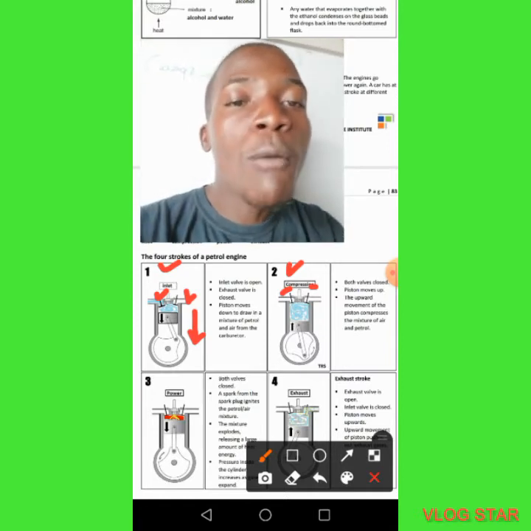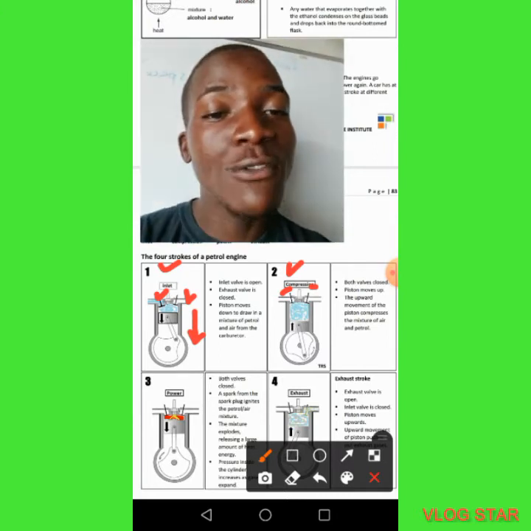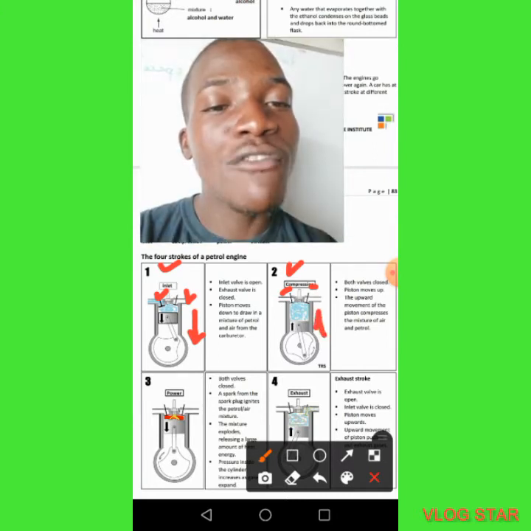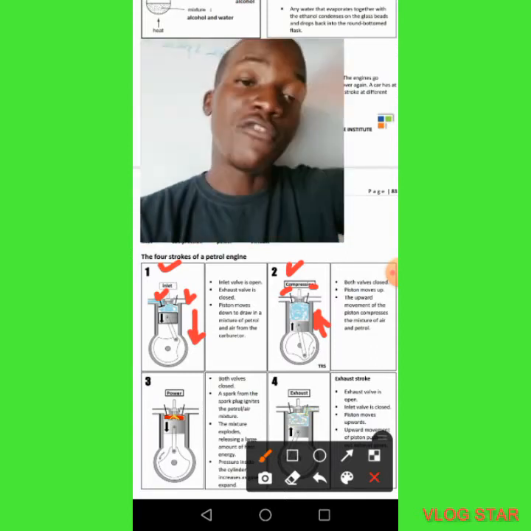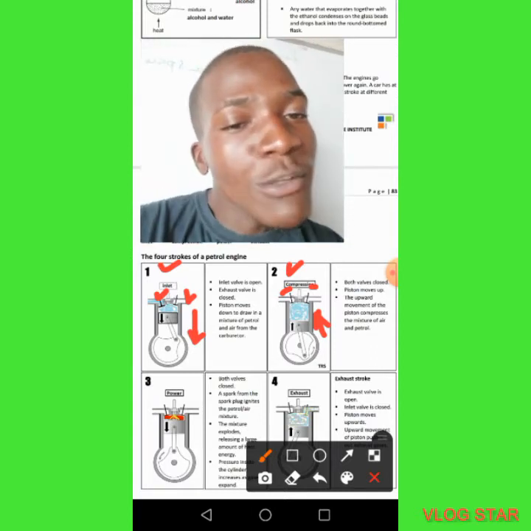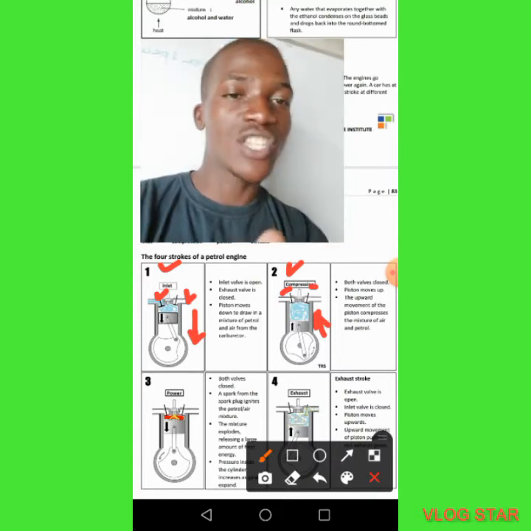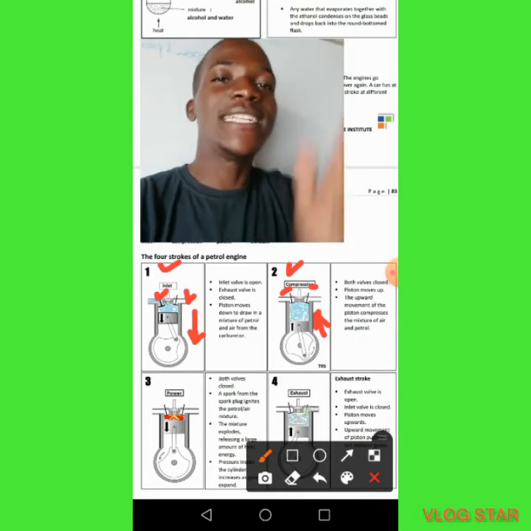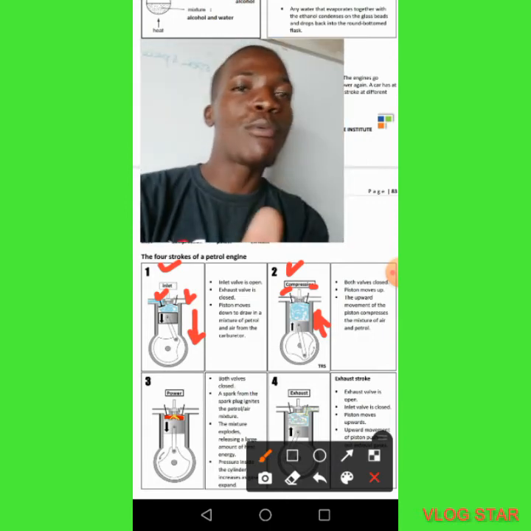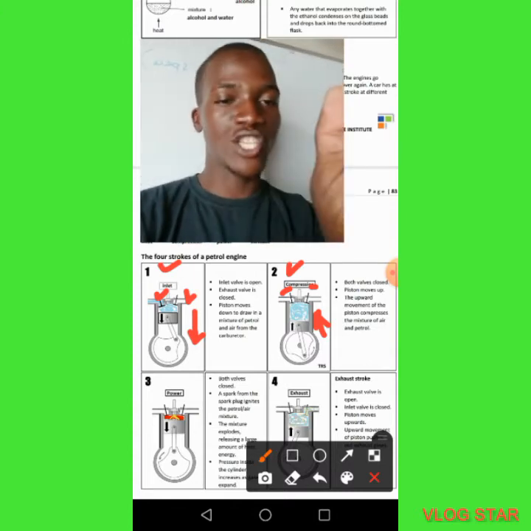So that the compressed petrol air mixture cannot escape. The piston moves upwards to compress the petrol air mixture. So in the compression stroke, all valves are closed and the piston is moving upwards to compress the petrol air mixture.